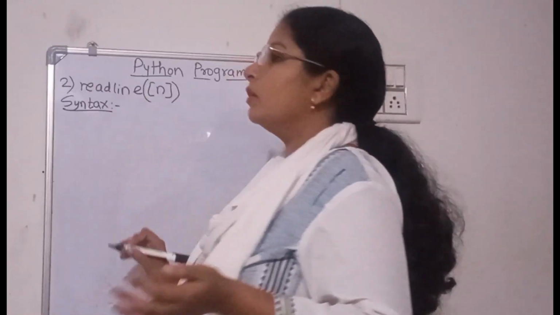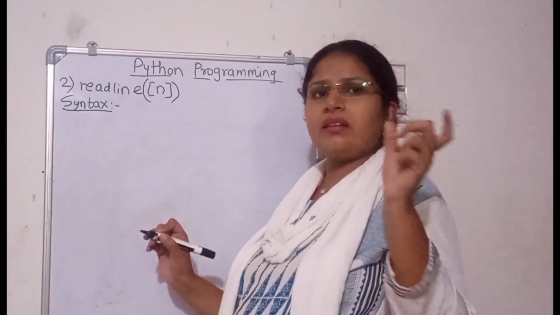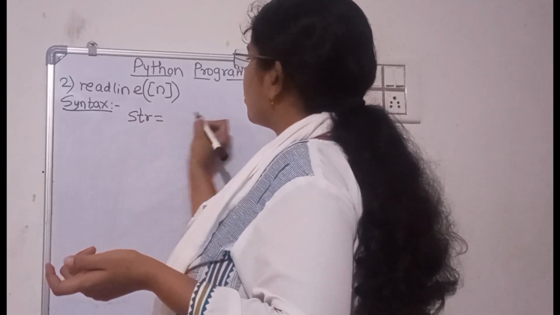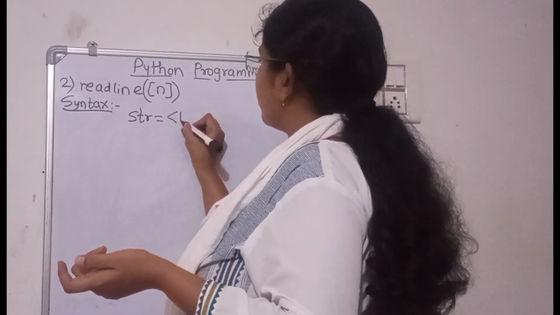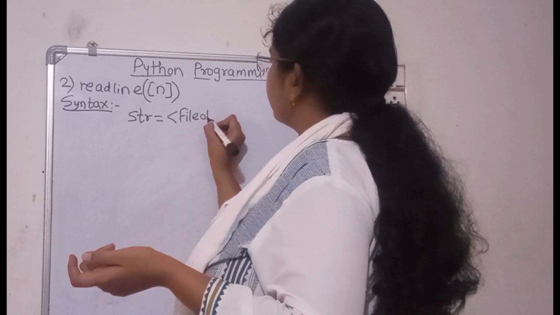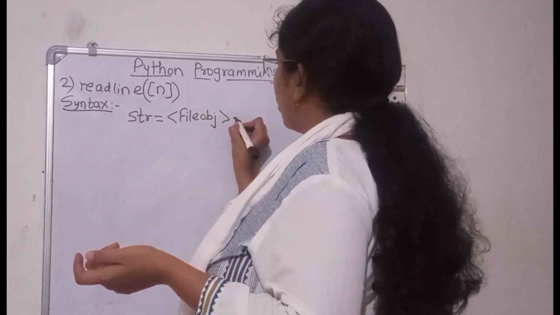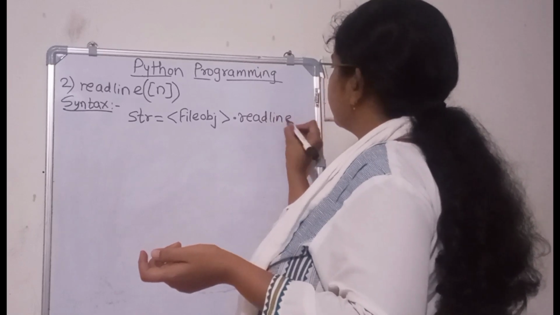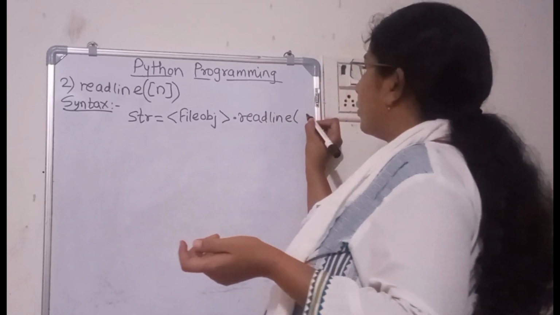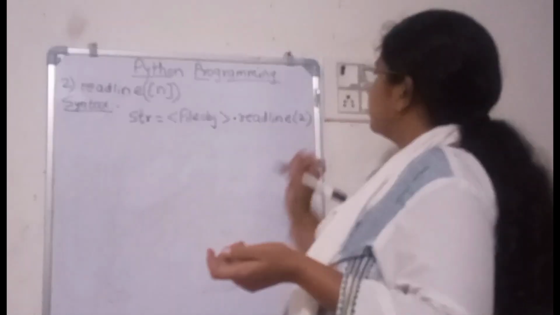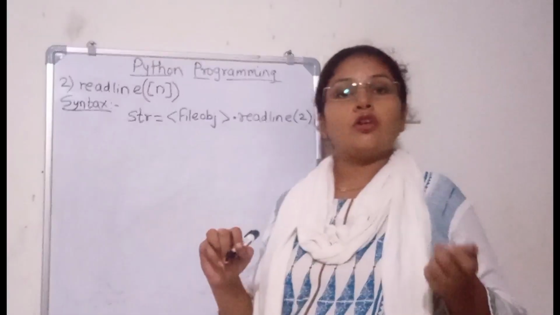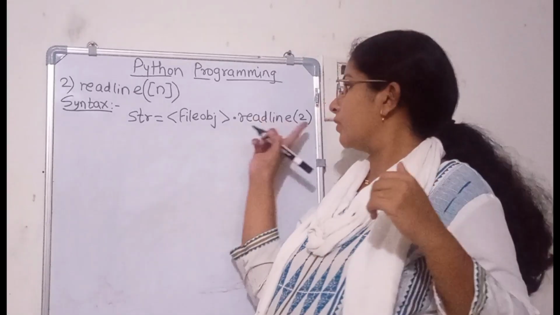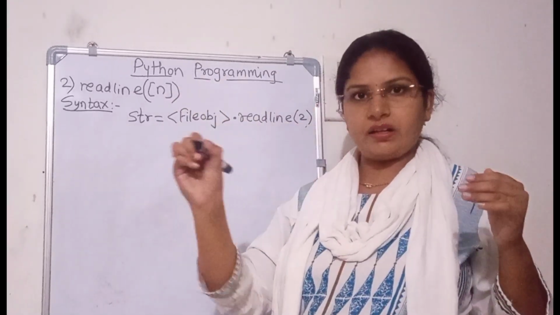Here it is the same thing: you can consider any string to store the value. So string, then your file object, dot operator, readline. Suppose I am mentioning 2. Then the first 2 lines will be read: first line, then second line.